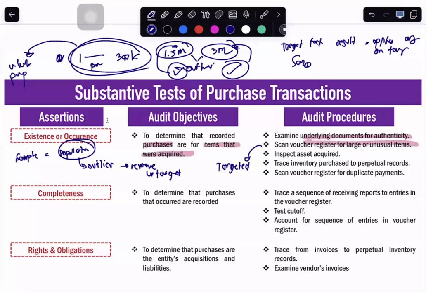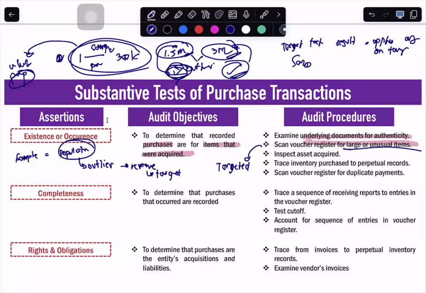Again, if you are sampling within 1 to 300K, the result applies to the whole population. But if that is targeted testing, whatever the result applies only to the item targeted for testing. So if you tested 1.5 million, apply only that. 3 million, apply only that. So for large unusual items, normally we do targeted testing.